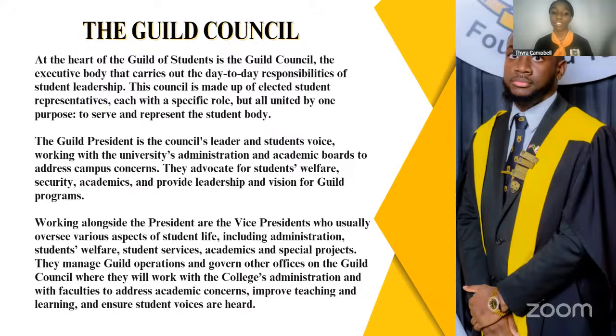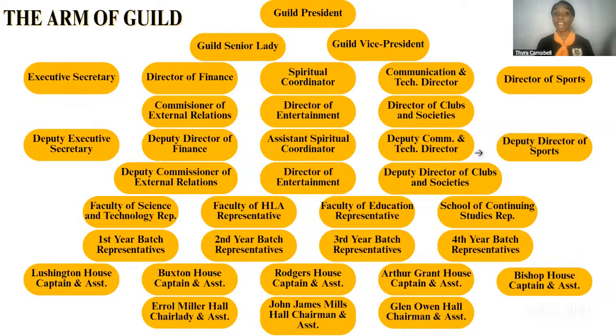This includes administration, student services, academics, and special projects, among others. They manage Guild operations and govern other offices on the Guild Council, where they will work with the college's administration and faculties to address your academic concerns, improve teaching and learning, as well as to ensure that your voices are heard.